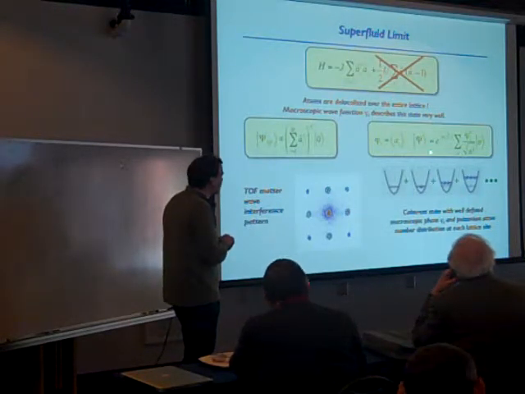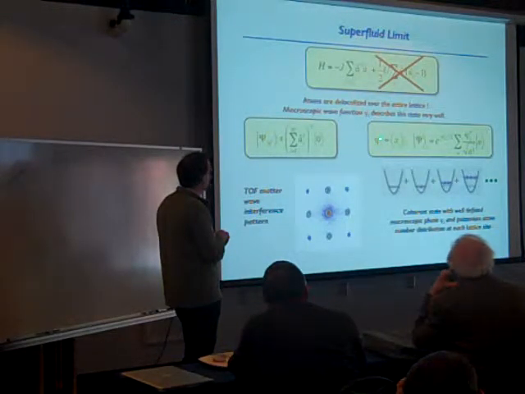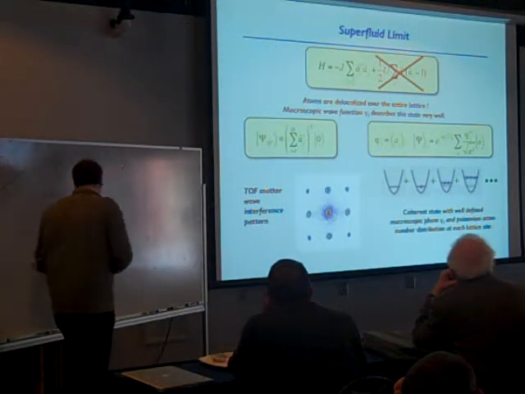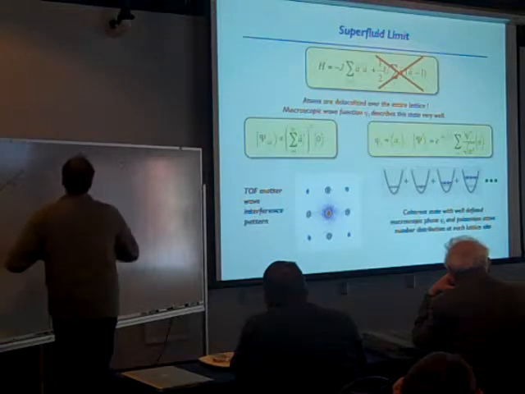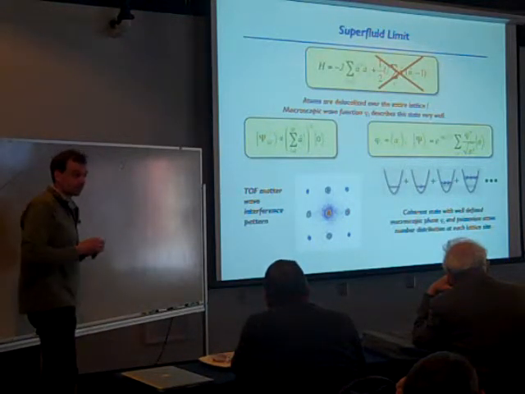But in a way such that the expectation value of this field operator is equal to, think about this being alpha i. The expectation value of my field operator is just alpha, and if I have lattice site i, then this value has index i here.